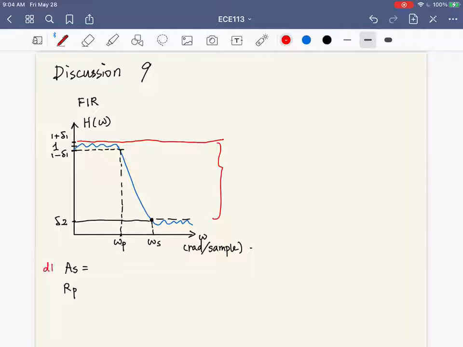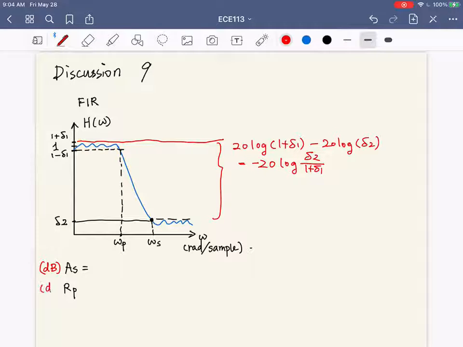And remember, AS is represented in decibel. So we would like to calculate it like 20 times log of 1 plus delta 1 minus 20 log delta 2, okay? And this will give us negative 20 log of delta 2 over 1 plus delta 1, okay?